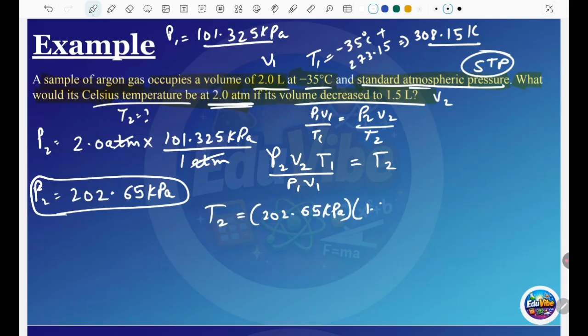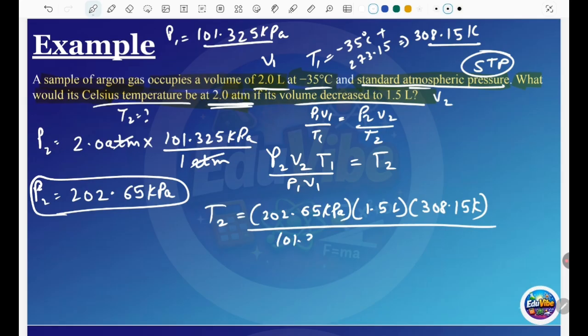V2 is 1.5 liters. T1 is 308.15 Kelvin. This whole divided by P1, which is 101.325 kPa, and your V1, which is 2.0 liters. Liters cancel out, kPa cancel out, and now you just put in the numbers, multiply, then divide, and you get the answer. This is the long calculation.